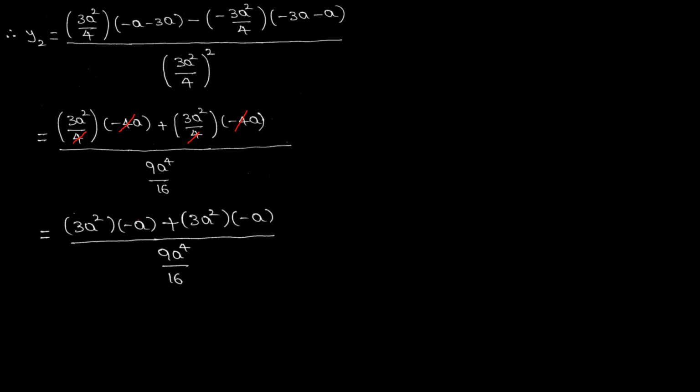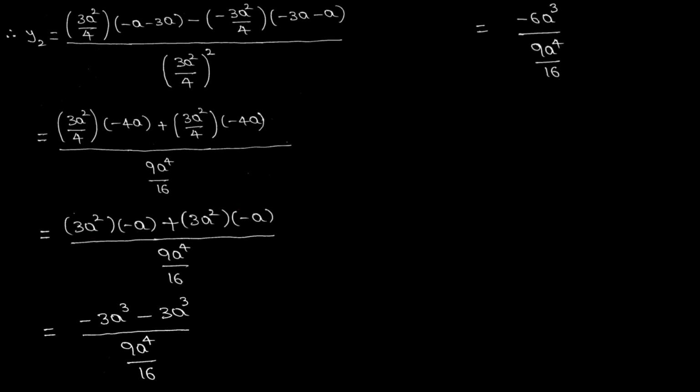Now let us multiply this minus a with this and minus a with this. So we get minus 3a cube, minus into plus, minus 3a cube divided by 9a to the power 4 by 16. And again this minus 3a cube will be minus 6a cube divided by 9a to the power 4 by 16.